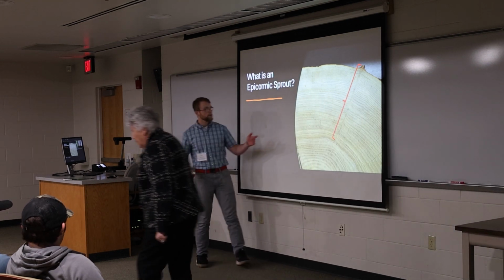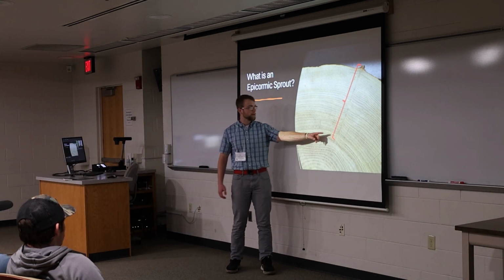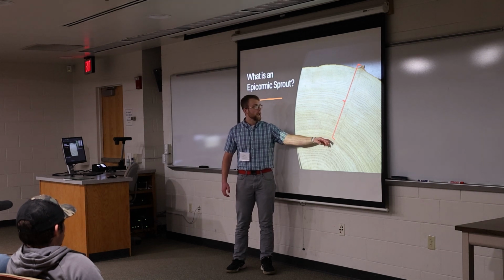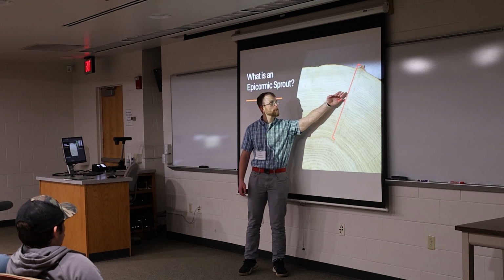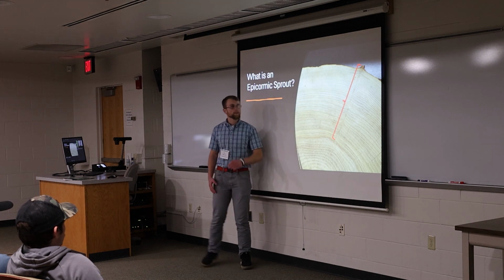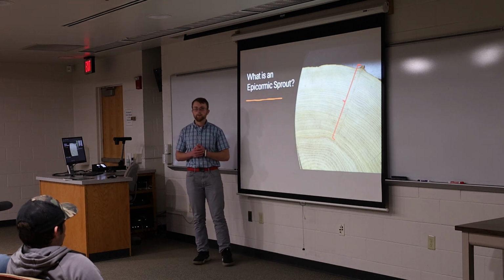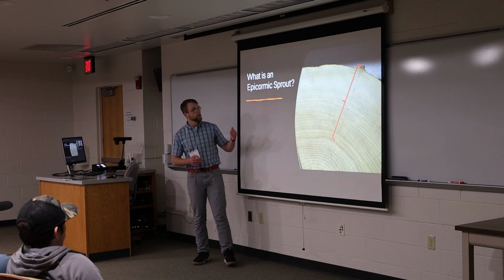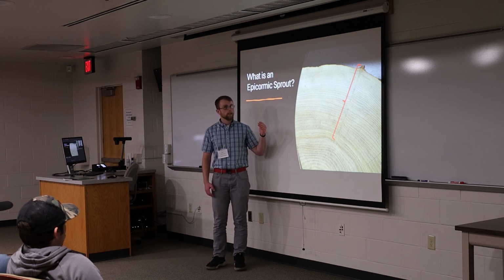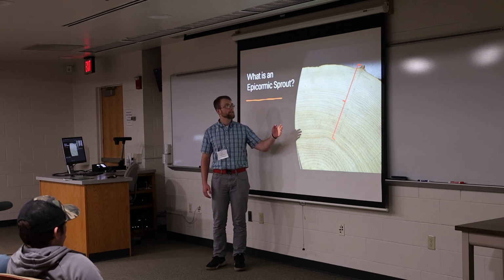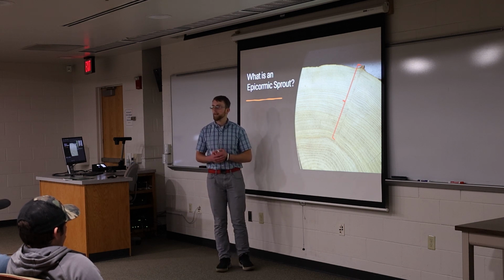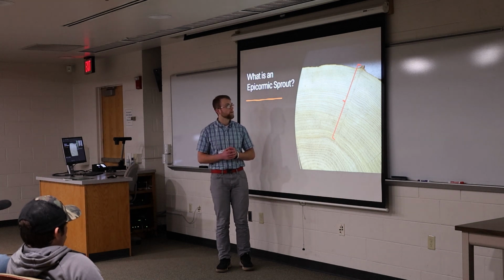So essentially this dormant bud originated right in here, and was carried along through the entire rest of the tree's life, where it eventually ended up expressing itself in the form of an epicormic sprout. So the dormant bud is not necessarily a defect until it expresses itself as an epicormic sprout, where it then forms a branch knot, which is a defect.